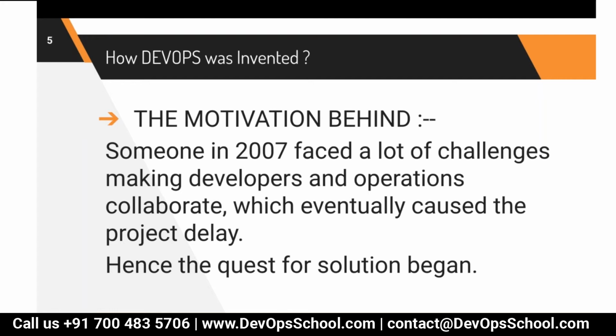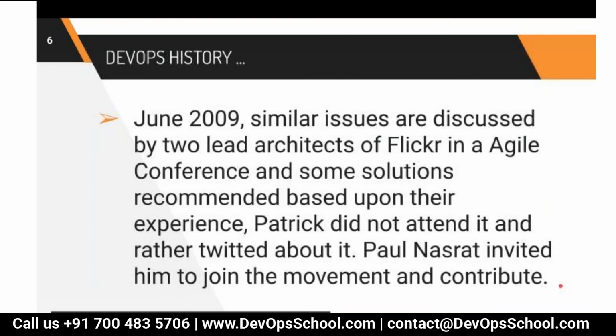Now, just a little bit of theory on how DevOps was invented, or how this philosophy grew. Someone in 2007 faced a lot of challenges making developers and operations collaborate, which eventually caused project delays. Hence, the quest for a solution began. Somebody in 2007 had Agile in their project, but they faced a lot of challenges. Then a lot of people came about.